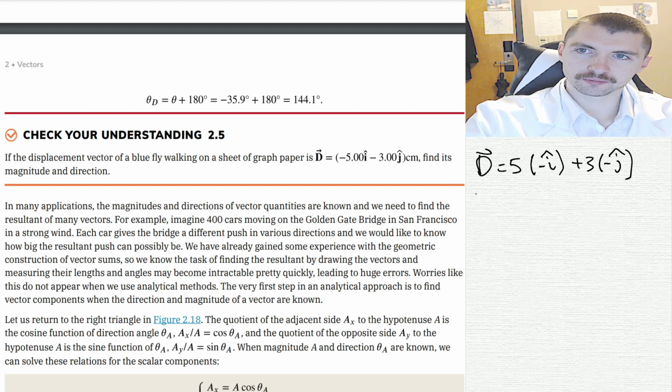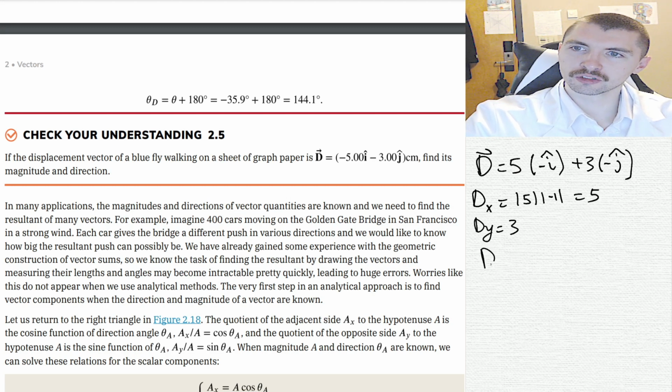The magnitude of the x direction is going to be 5 times negative 1, and the same thing for the y. So dy is going to be 3, and dx is going to be 5. So the magnitude of this vector d, written d without an arrow, is going to be the square root of 5 squared plus 3 squared, 25 plus 9.